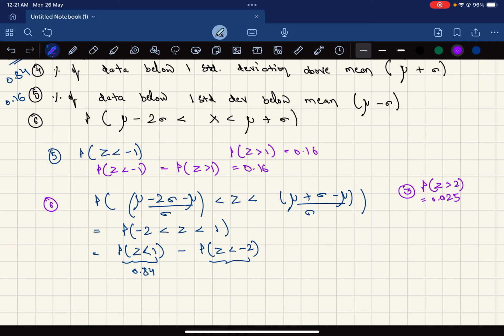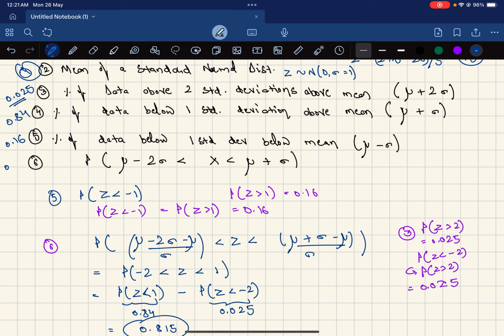Now due to symmetry about z equal to 0, P(Z < -2) should be equal to P(Z > 2). Therefore both have to be equal to 0.025. Now we can subtract this to get 0.815. So this is the required probability in question 6.